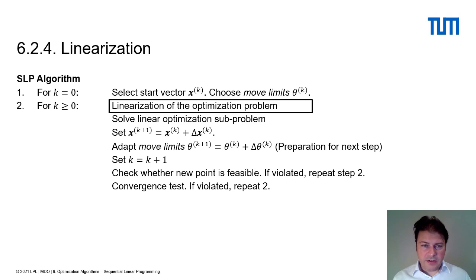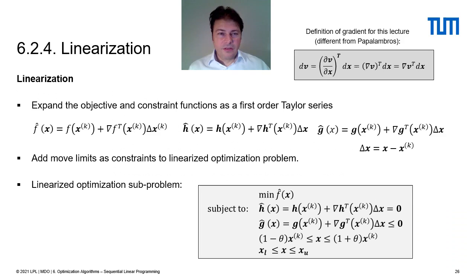So let's look at the linearization of your optimization problem. For linearization, we will be using gradients, and I'd like to define what a gradient is here in this context. So think of v as a vector or a scalar.